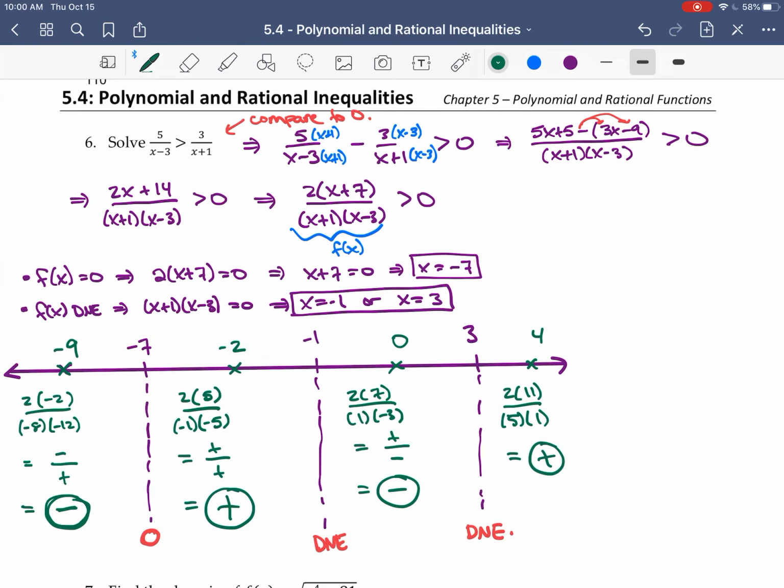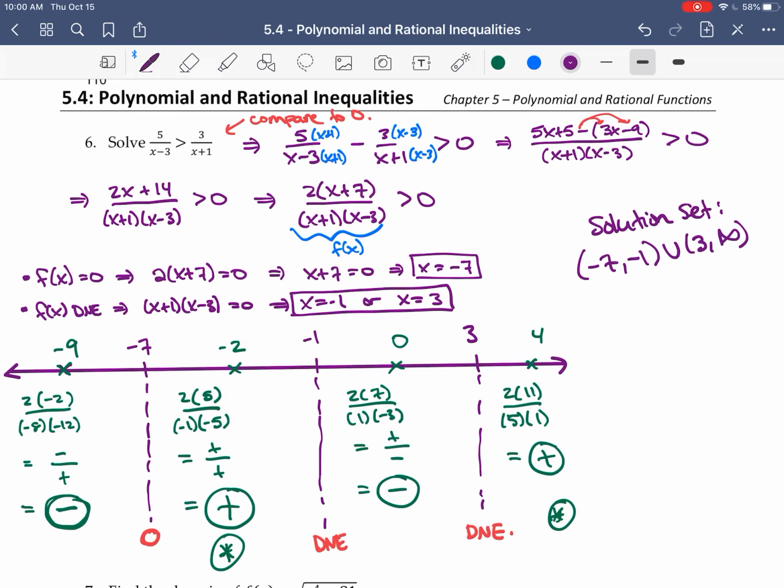Okay, so now we want to look, where is the function strictly positive? Okay, so that's going to be on this interval and on this interval, where we get the positives. Okay, so the solution set is going to be the interval from negative 7 to negative 1, and then again from 3 to infinity.